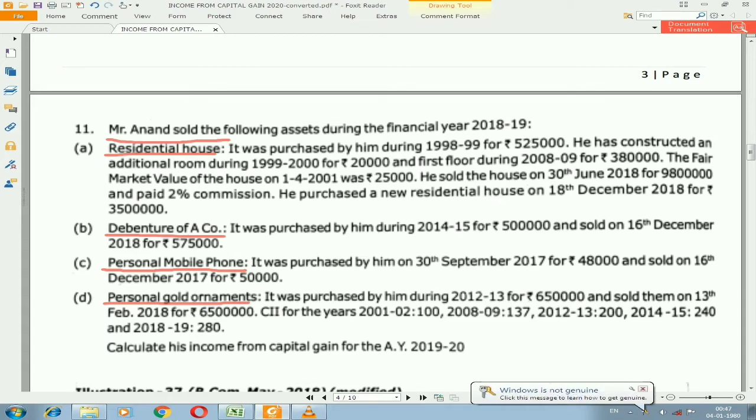As I told you, exempted assets are any movable property which is used for personal use except jewelry and gold, agricultural land situated in rural area, gold deposit bonds, and stock in trade. So these are the exempted. We need to check which asset is exempted first, and then find out which assets will come under long-term capital asset or short-term capital asset.